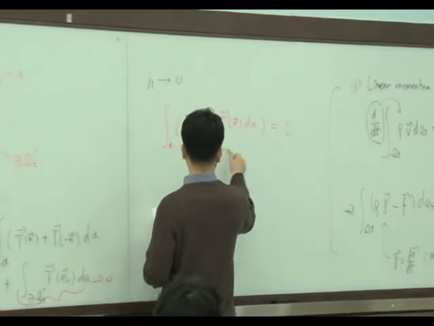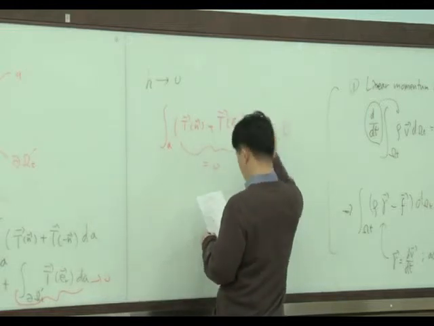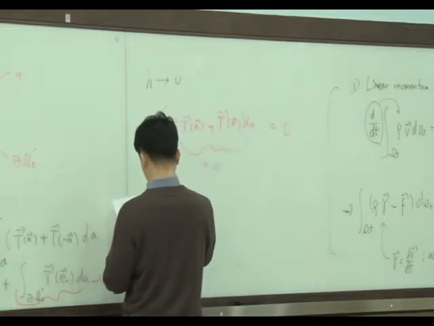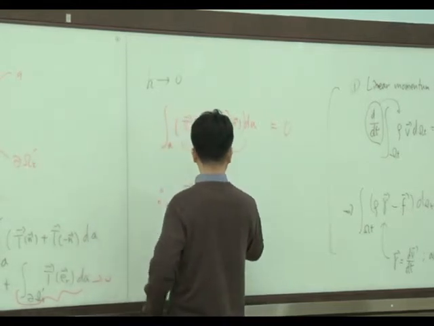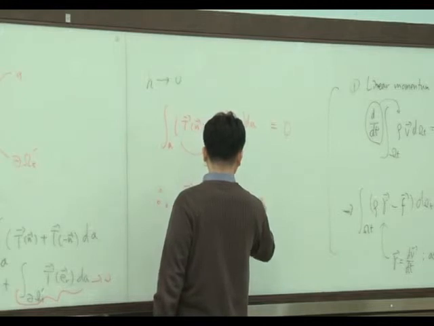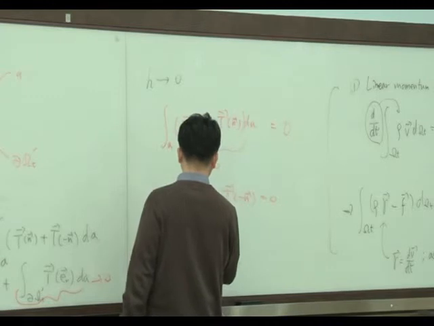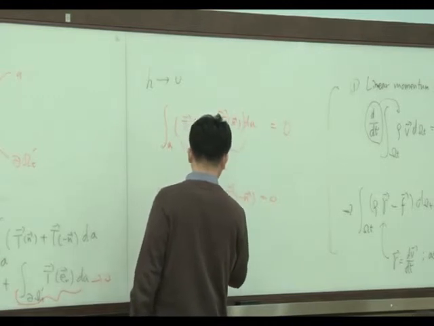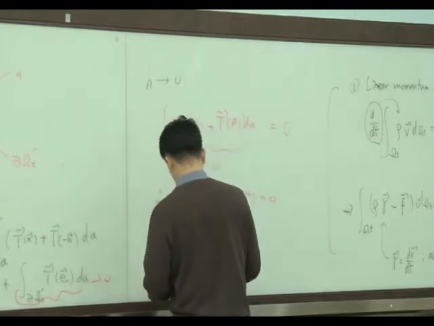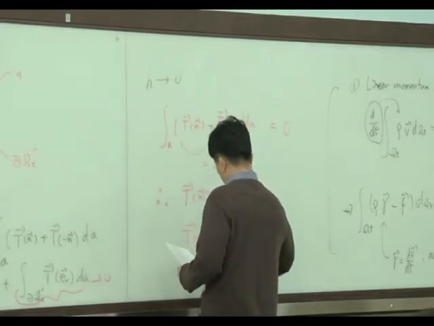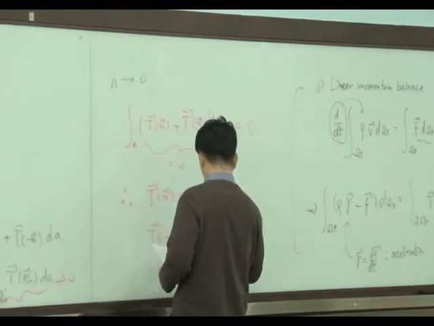So the inside of this term equals 0. So finally we have t(n) plus t(minus n) equals 0, or t(n) equals minus t(minus n). Okay, t(minus n) equals minus t(n).